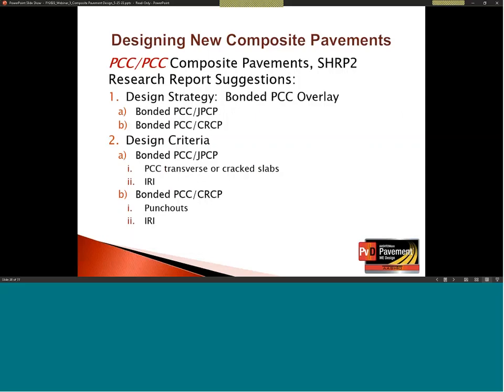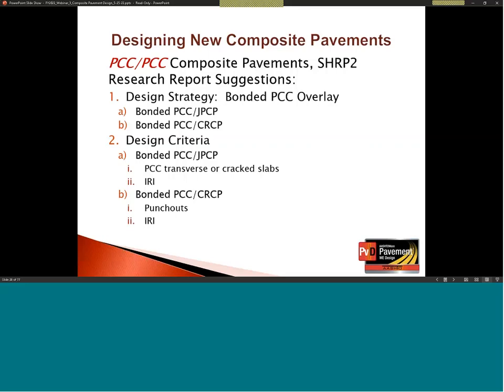And now this is PCC over PCC, in other words, the Sharp 2 Volume 2 report. The design strategy here is bonded PCC overlay, if you remember from the decision tree. One is bonded PCC over JPCP, and then for the CRCP, it's bonded PCC over CRCP.